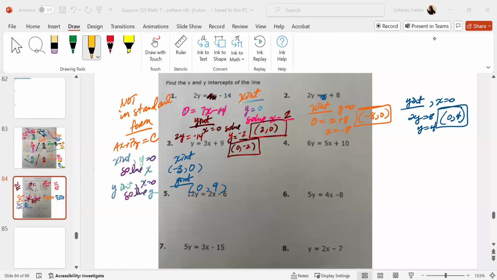All right, so let's go ahead and go into number 4. So we're going to look for the x-intercept, which means y is 0. So what's your answer? Negative 2. Okay. Y-intercept, what's your answer?